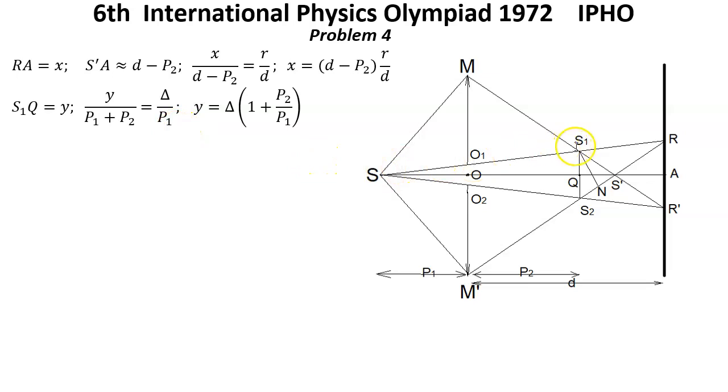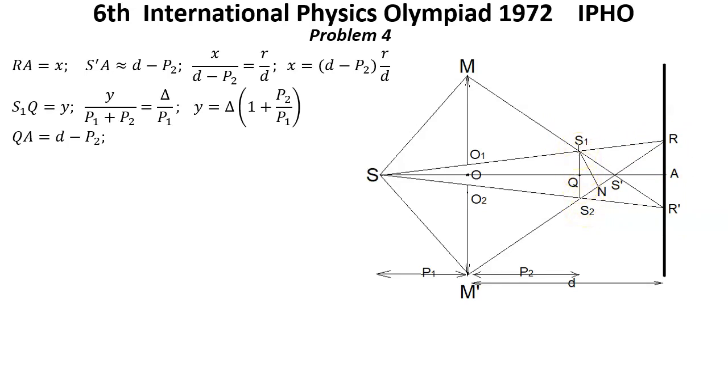This is from these two triangles. And then from here we can find that y equals this expression, delta multiplied by 1 plus P2 over P1. And the last thing is distance QA, this one. That's equal to D minus P2. So now we have all parameters for prism S1R, R prime, S2.